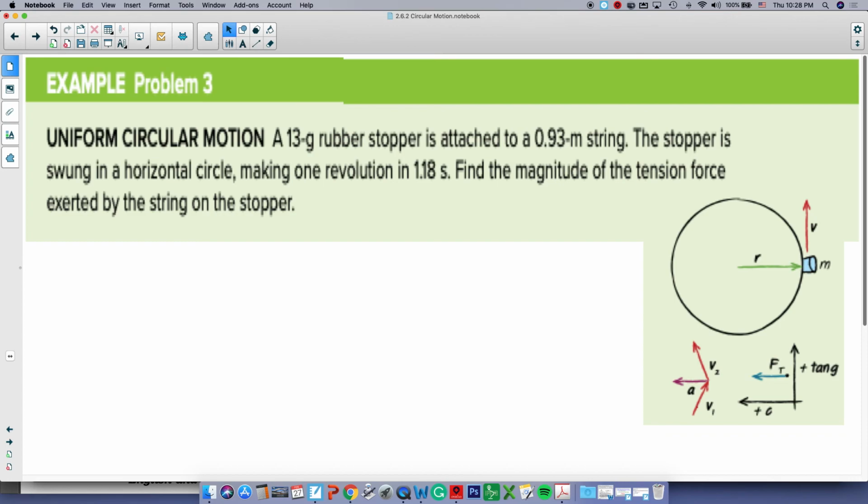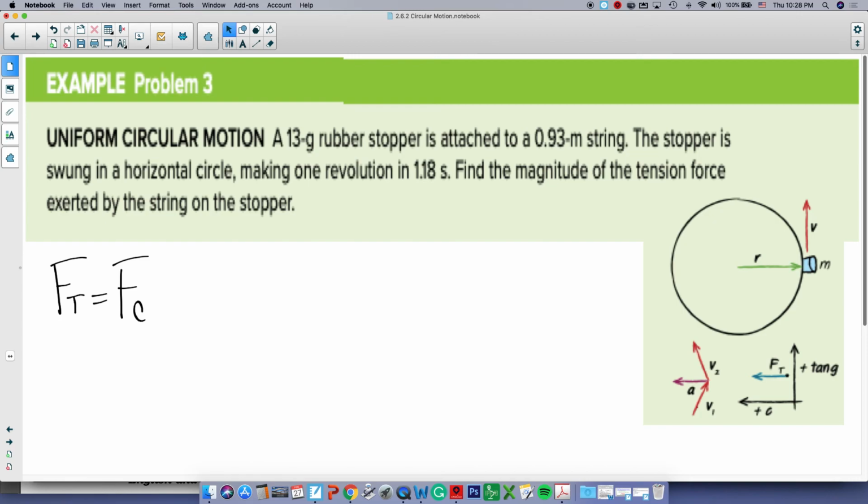Find the magnitude of the tension force exerted by the string on the stopper. So tension is equal to centripetal force. Okay, so the force of tension is our centripetal force. Don't be confused by the fact that it says find tension. We're just looking for centripetal force.